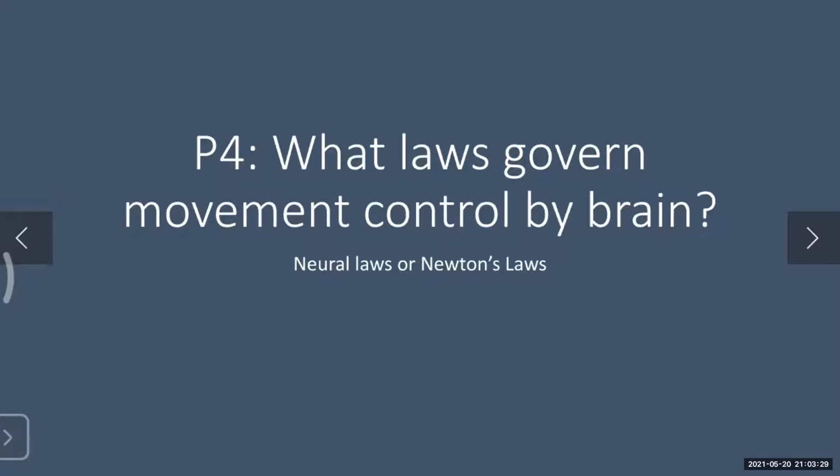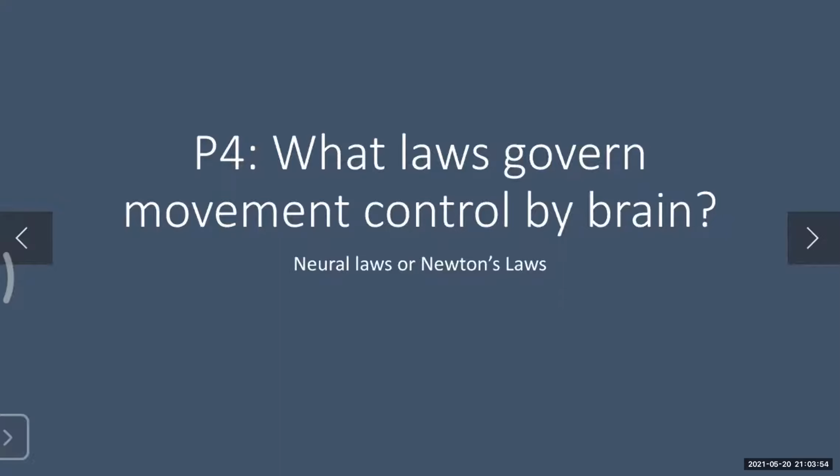Now, when we are trying to move a human being, whether it obeys Newton's laws, then it should not be obeying neural laws. That is, if I'm telling it to go faster, then it should not be obeying that.